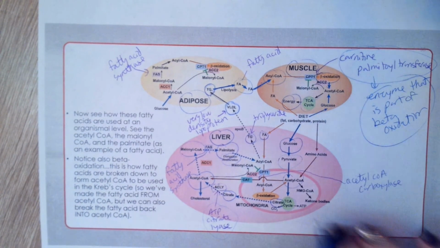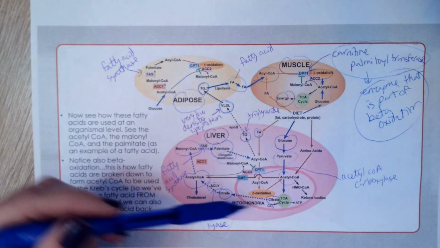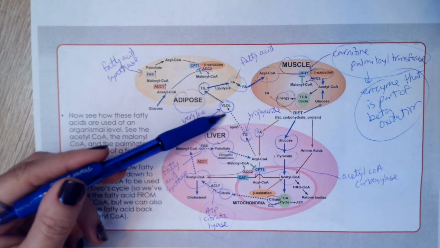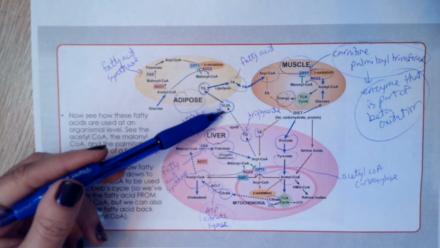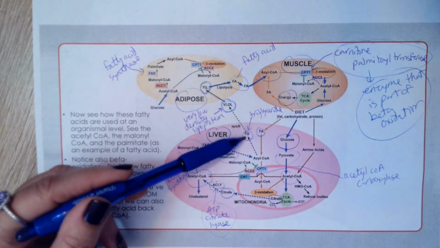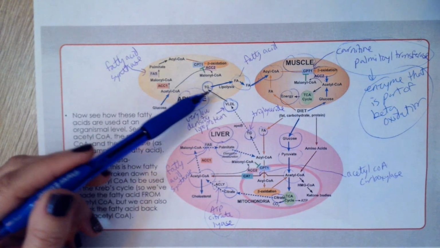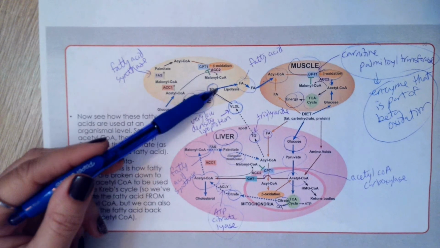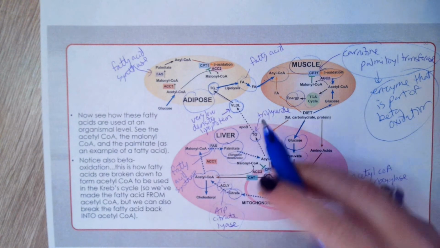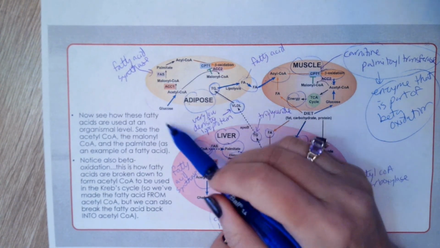So the whole process here is that we made our fatty acids in the form of a very low density lipoprotein. So just kind of elongating and elongating and elongating our palmitate, transforming it into triglycerides and eventually into very low density lipoproteins to be stored in the adipose as triglycerides again, so broken down again. Over here we also have the adipose making fatty acids itself using extra glucose.